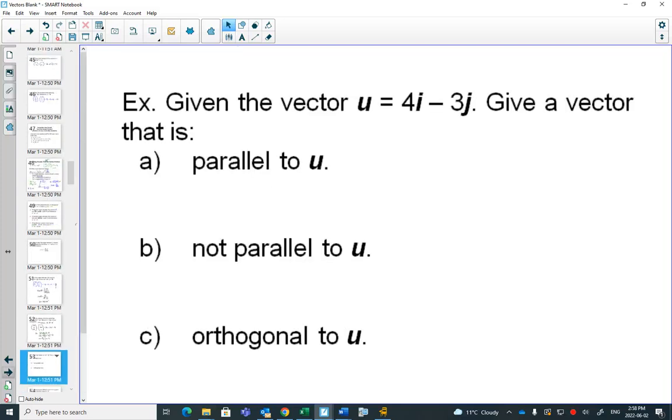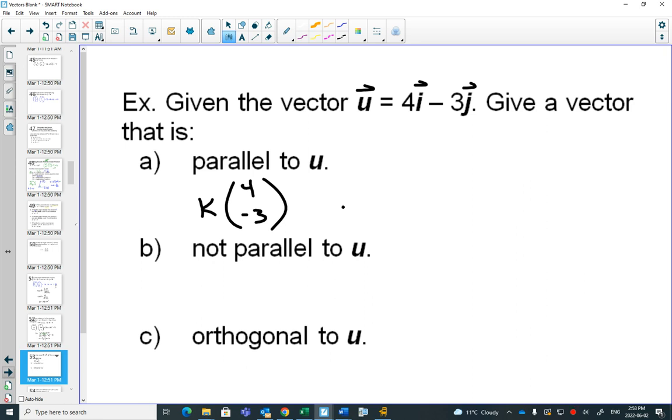So here we have the vector u, 4i minus 3j. Give a vector parallel. That would be parallel. Yes, any multiple. So here we have 4, negative 3 times any multiple will work.